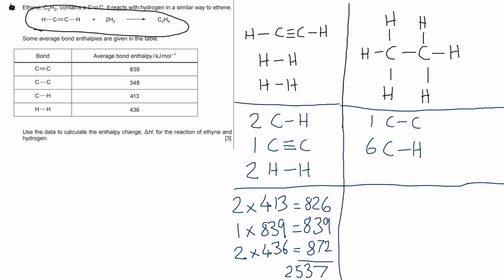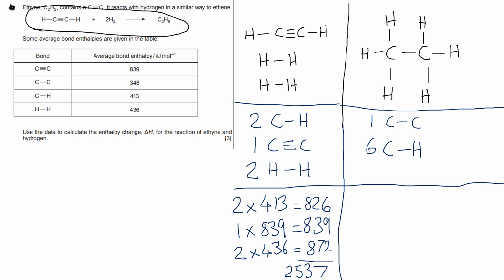Now that is the amount of energy that would be required to break the bonds of the reactants. So you'd need to put in 2,537 kilojoules per mole to break the bonds of the reactants. That process is endothermic, because breaking bonds requires energy. If you want to break something, you have to put energy into it. And what we're going to see over here on the right hand side is the energy released when we make new bonds.